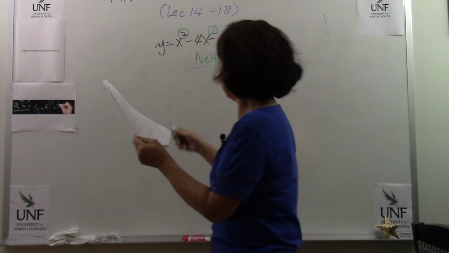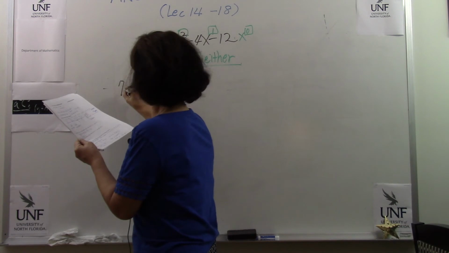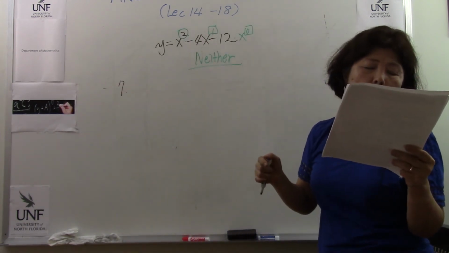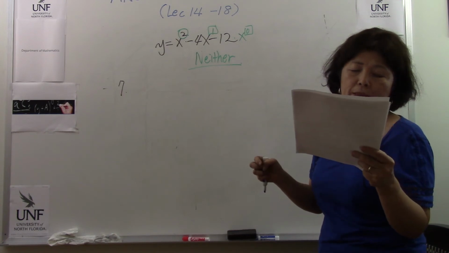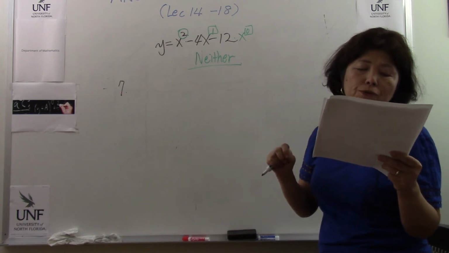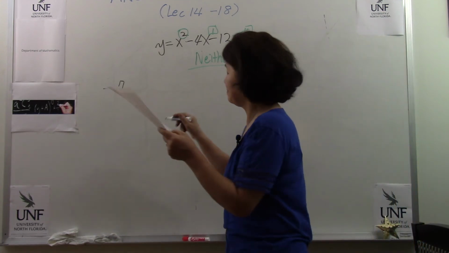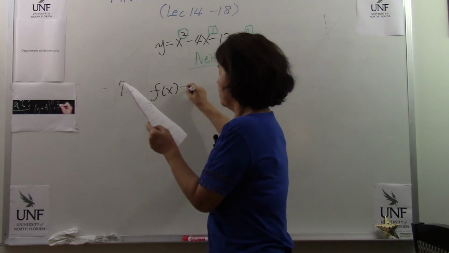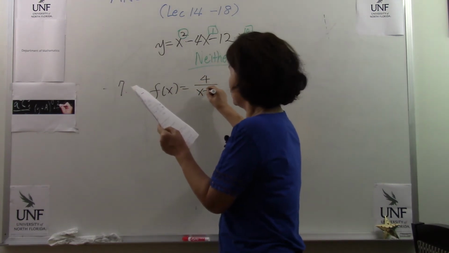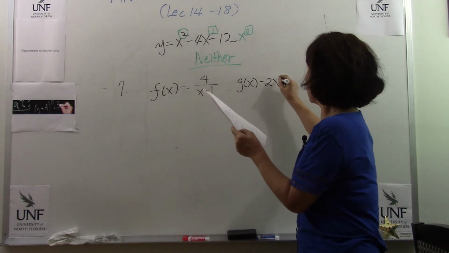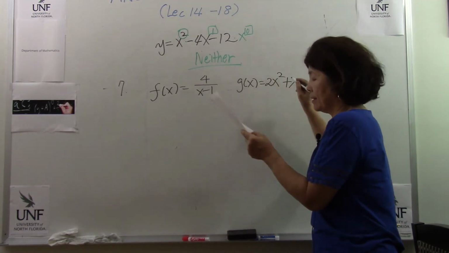Number 7. This time we have more than one function, in particular 2 functions, f and g. We are going to compose them together. So f of x is 4 over x minus 1 and g of x equals 2x squared plus x.